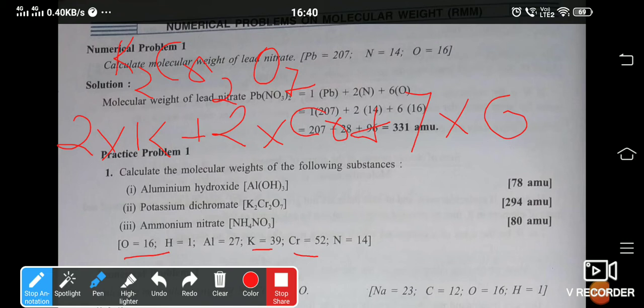phosphorus, aluminium. So it would be 2 into 39 plus 2 into 52 plus 7 into 16. Now I want to really see everyone doing the calculation part.